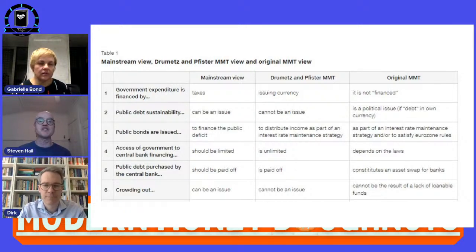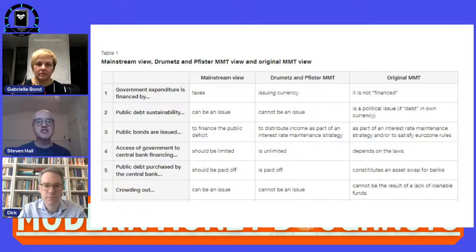There's loads of things we could discuss from Dirk's paper. Actually, one or two things he referred to a little bit earlier on in our discussion. For example, in the paper he talks about using balance sheets, how the German government spends and how it interacts with Germany's central bank, which is a member of the European system of central banks.